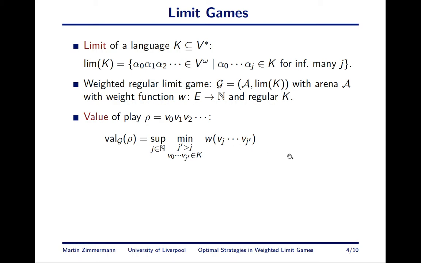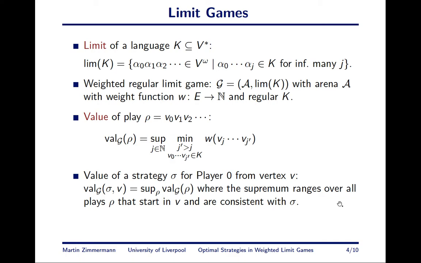So intuitively, we look at the longest stretch starting from a position where the prefix is in K up to the next one where it's in K. This is equivalent due to monotonicity and the fact that we only use non-negative weights. Okay, and then we take the supremum over all positions to pick the maximal such weight. Okay, I will have an example in a second.